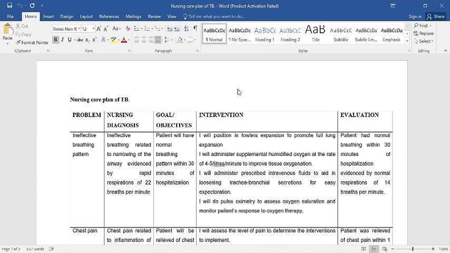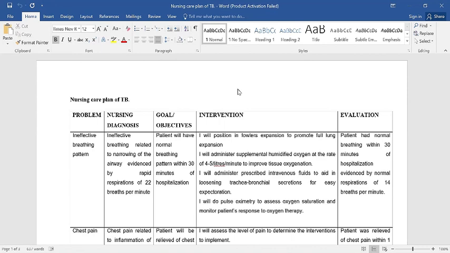So we're just saying that our patient will experience rapid breathing or rapid respiration. So that is our nursing diagnosis. Remember, this is an actual problem, so it will have related to and evidenced by.